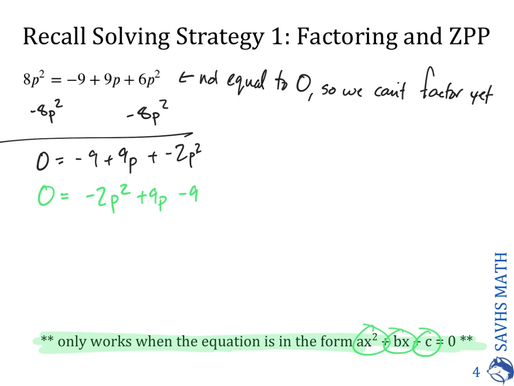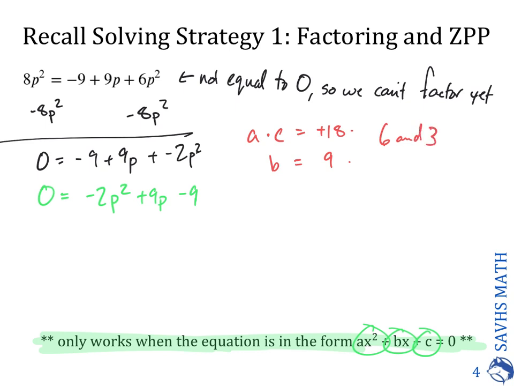Remember that it doesn't really matter what order you write things in as long as the right things are positive and the right things are negative. And so now I can identify what is a times c, and my answer is going to be positive 18 here. What is b? It is 9. So what are the two numbers that multiply to 18 and add to 9? I'm going to be using 6 and 3.